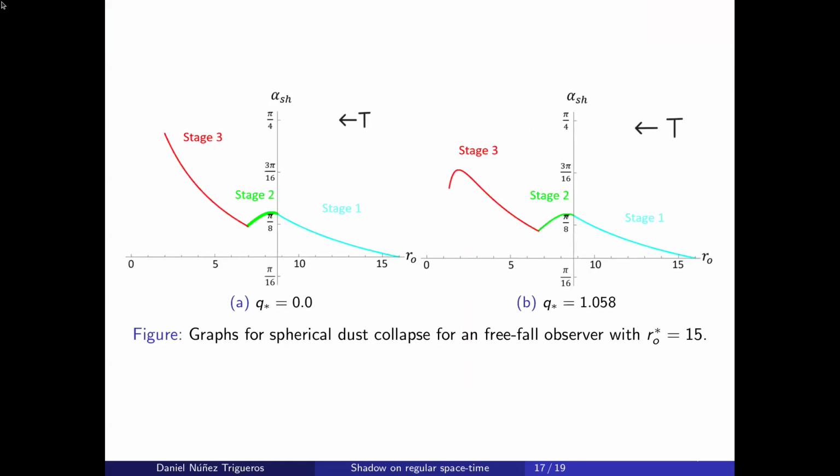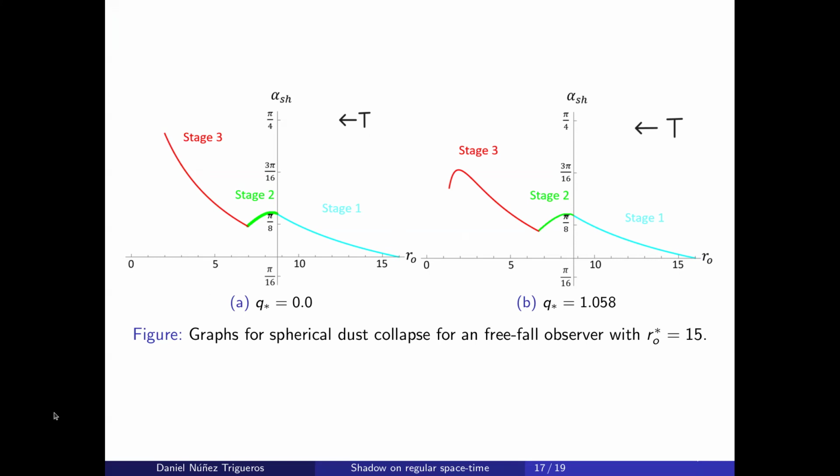And now you could see the difference between the Hayward case and the Schwarzschild case, because now on the third stage, we see in the Hayward case that the angular size of the shadow reaches a maximum and then starts to decrease. And these plots are like the previous ones, with the difference that now we're comparing with the radius of the observer, but the time is moving from right to left as the observer is falling inside.